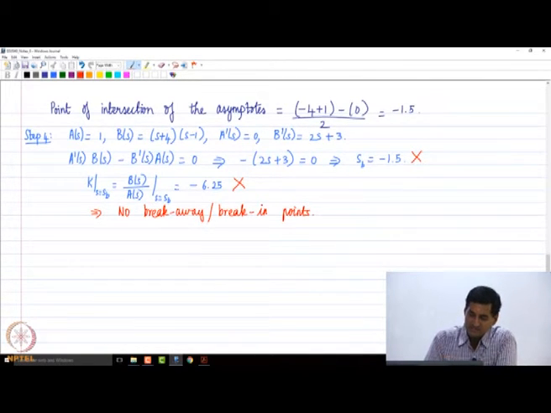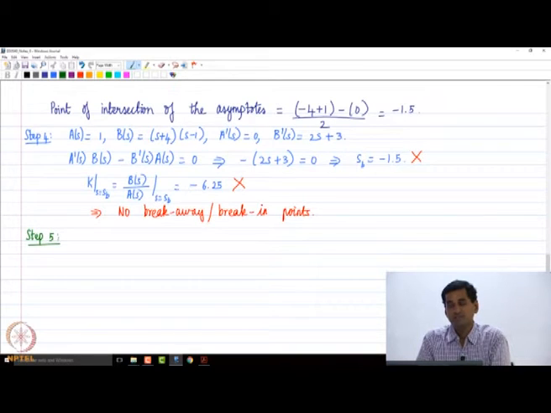So now let's go to step 5. What is step 5? Step 5 is angle of departure from a complex open loop pole and angle of arrival at a complex open loop zero.